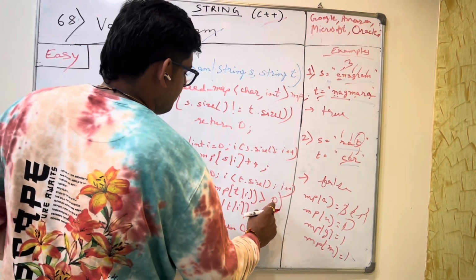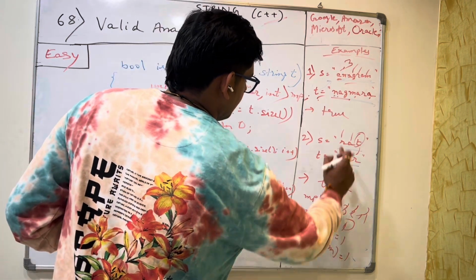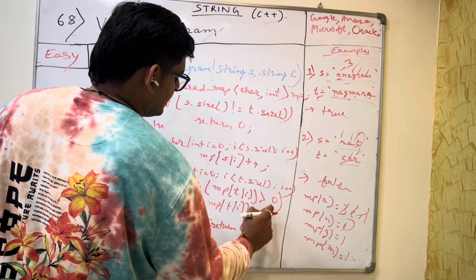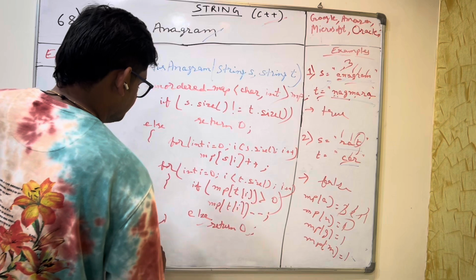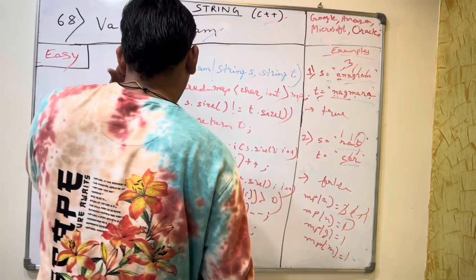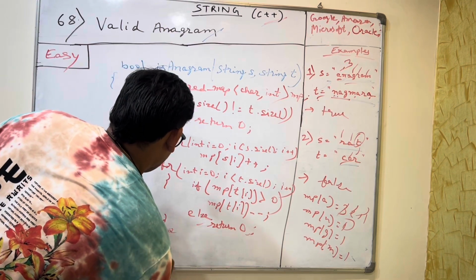If any element's frequency is more in string T, this condition would be false, so it will come into this condition and return 0. If this is also satisfied, we can say that we can return 1.